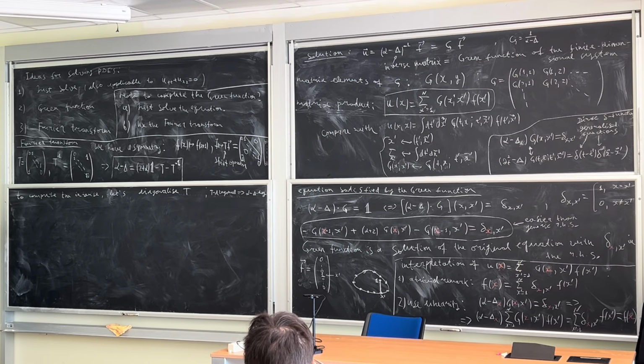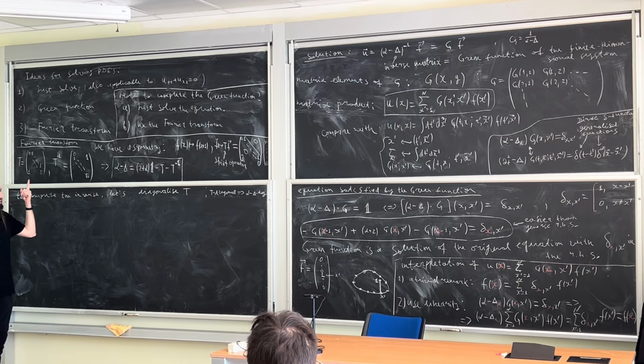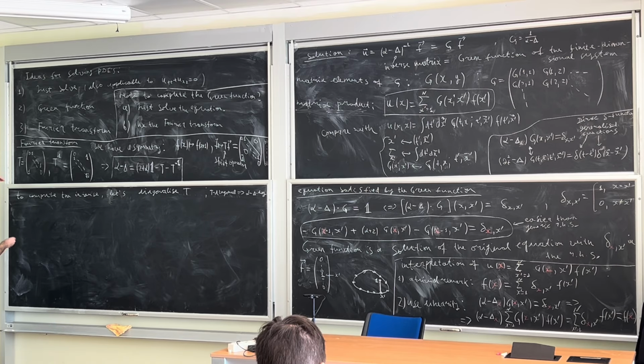So to diagonalize T, we need to solve the eigenvalue, eigenvector equation.